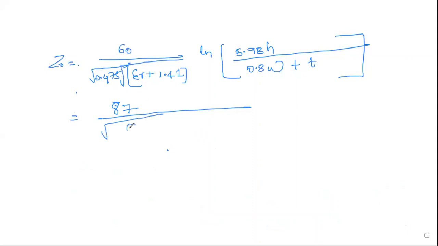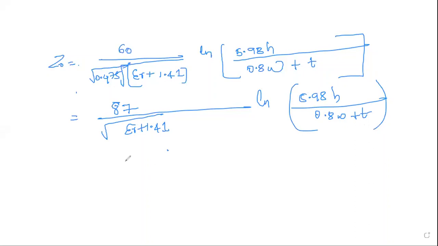So square root of epsilon r plus 1.41 ln of 5.98h divided by 0.8 w plus t. Now this equation for Z naught is called the characteristic impedance for a narrow microstrip line in terms of thickness. This is one important equation with respect to the problem.